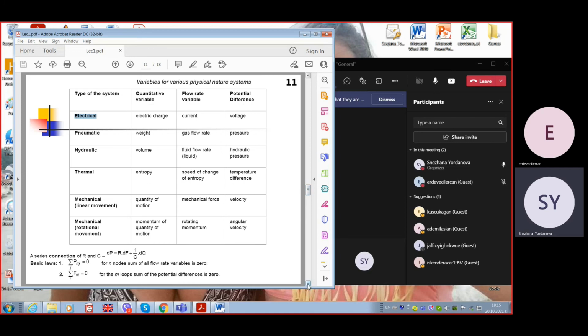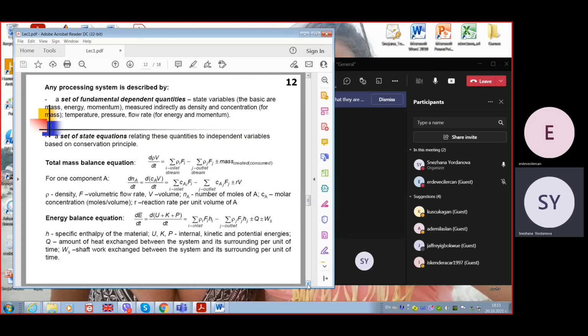The electrical model is solved to obtain equations. So finally, our model will contain a number of equations that connect the independent with the dependent variables.